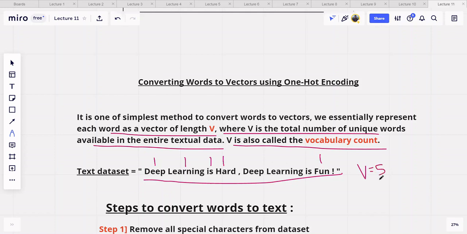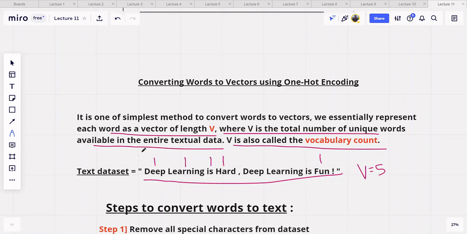Now we'll handle each unique word as a separate categorical class, just like we do in one-hot encoding. When we apply one-hot encoding to a categorical variable, we assign a single value to every single class.